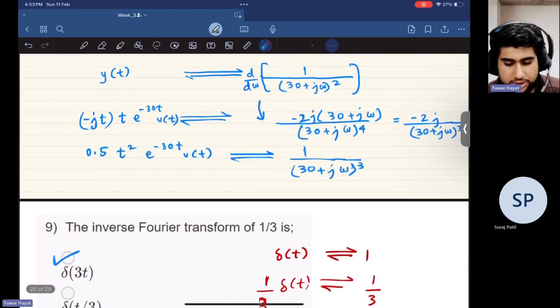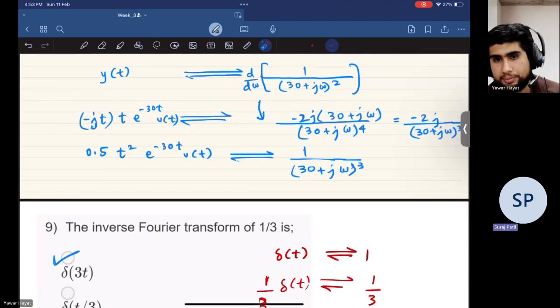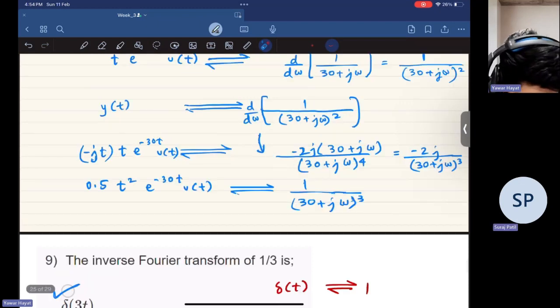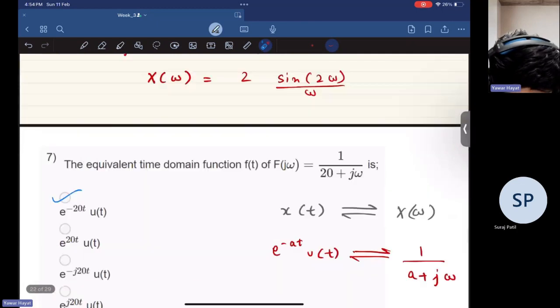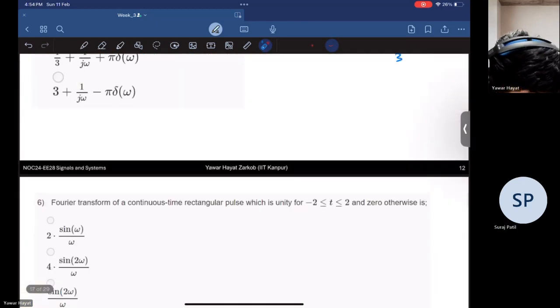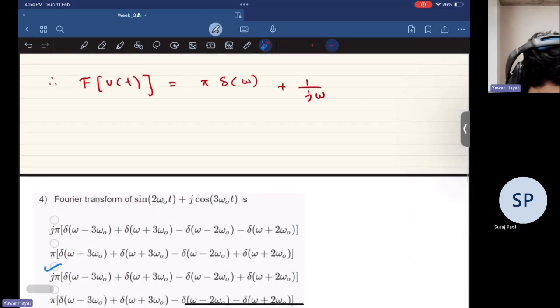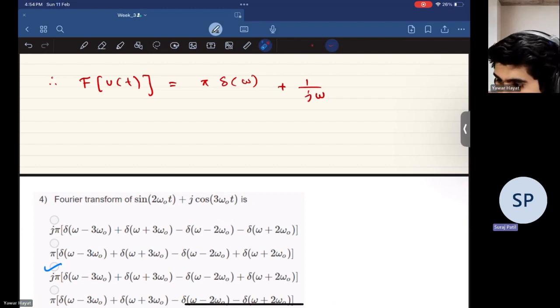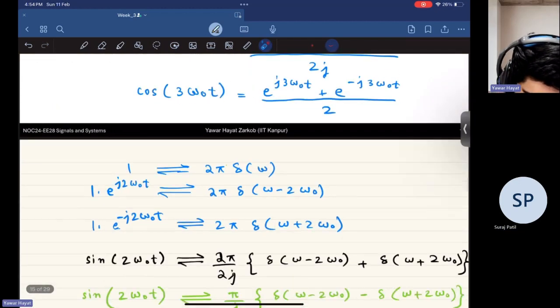Sir, I have asked one question for you. Can you please solve this? Sine of omega naught t minus j cos of omega naught t. Oh, okay. I guess you are talking with reference to this one. Yes, you would do exactly the same.